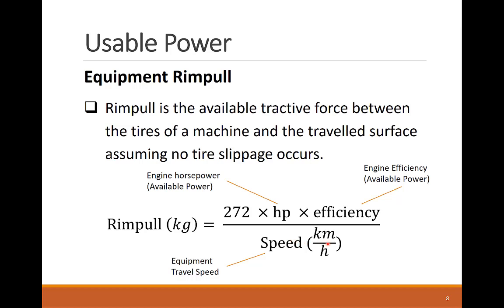It's clear that greater rim-pull can be achieved by an equipment with higher horsepower and efficiency. It's interesting to note here the inverse relationship between the rim-pull or power and speed for the same engine output and efficiency. To achieve higher rim-pull, the equipment will have to drive at lower speed.